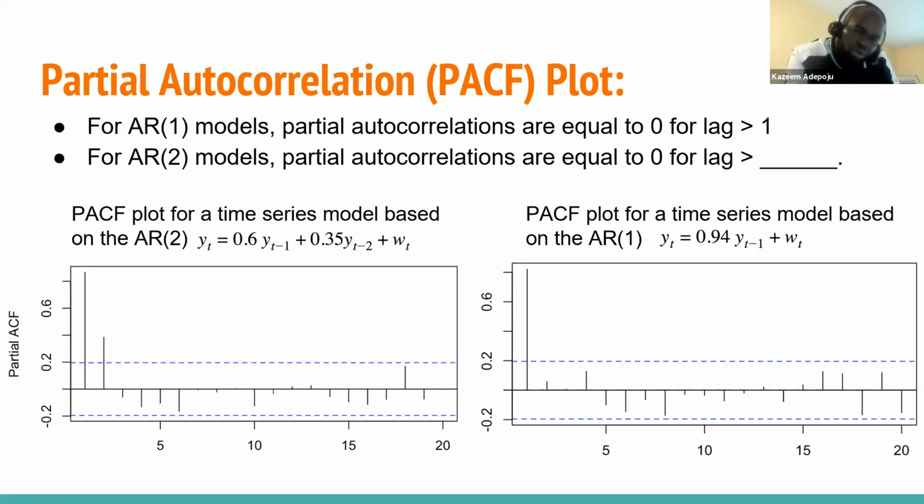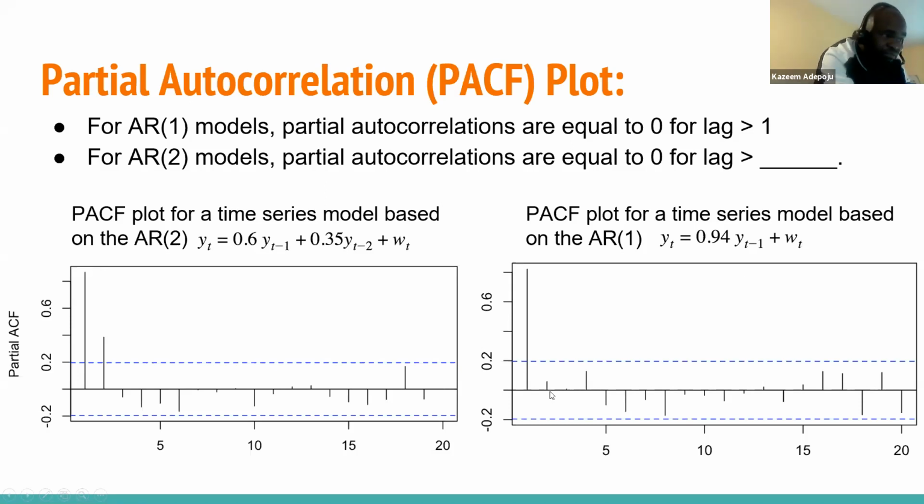When I see a PACF, I will be able to know which of the plots represents a particular model. Now, if you take a look at what I have right now, this is an AR of order 2, and this is an AR of order 1.